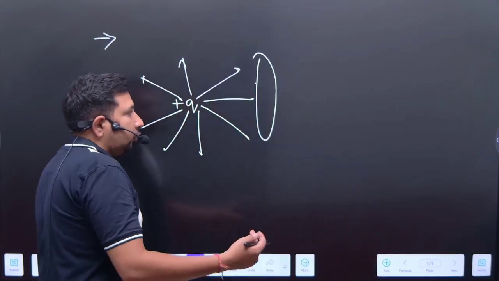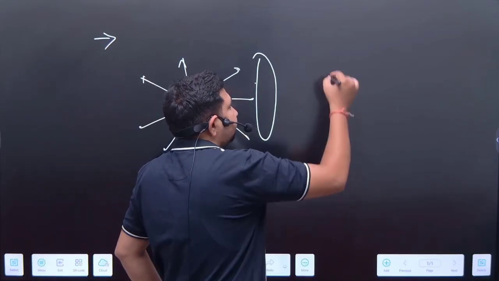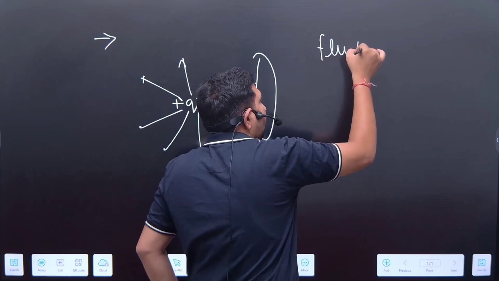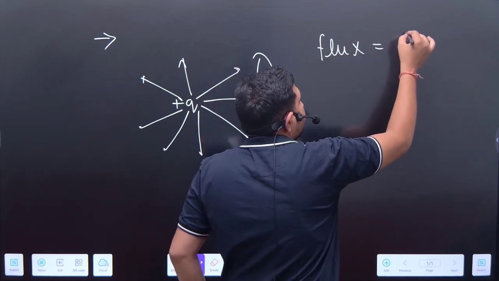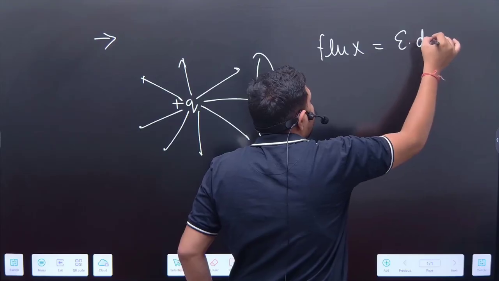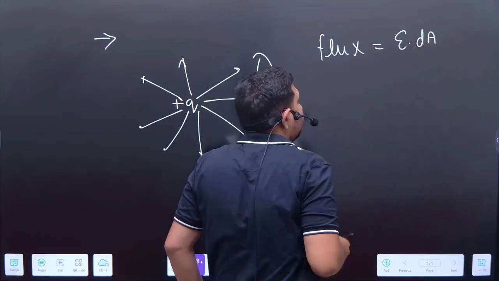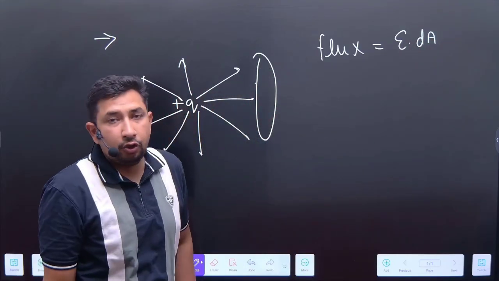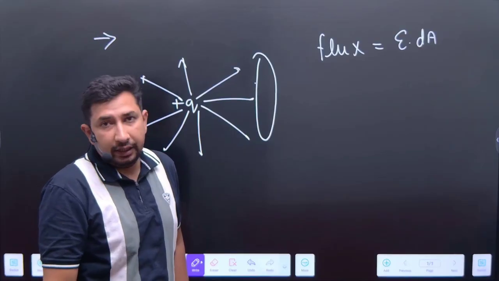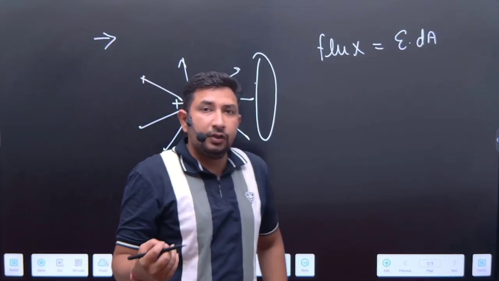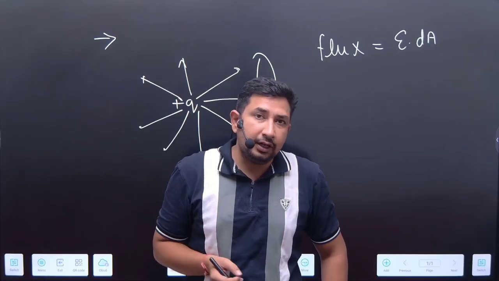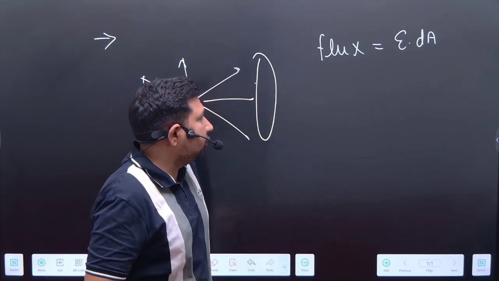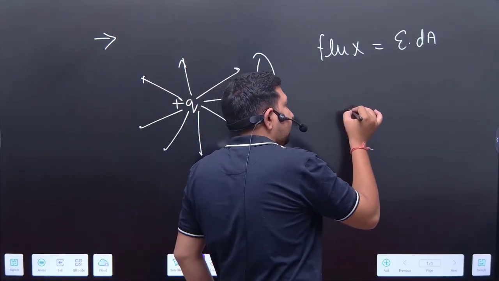And if you want to calculate the flux, we have to take the dot product of electrical field and area. Now, how do we calculate the dot product of electrical field and area?